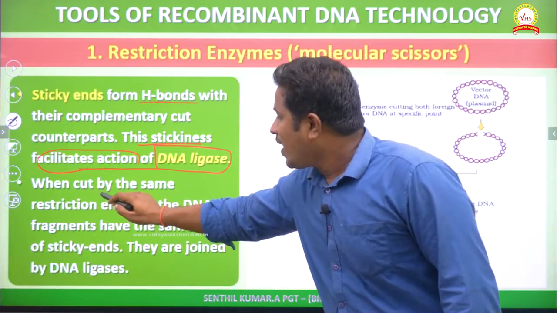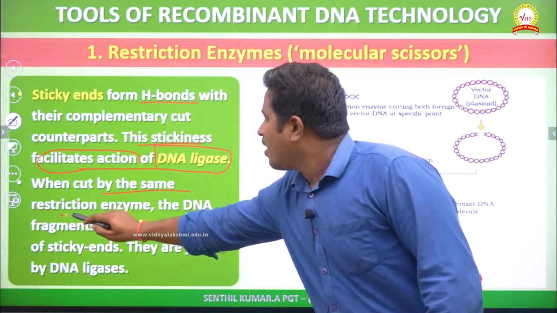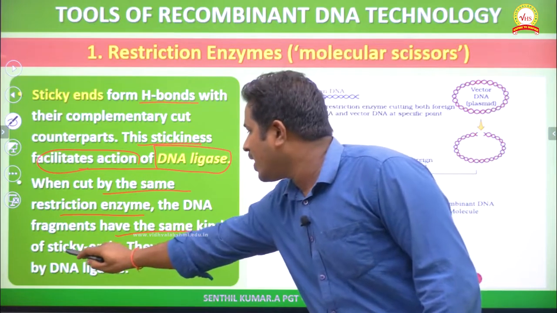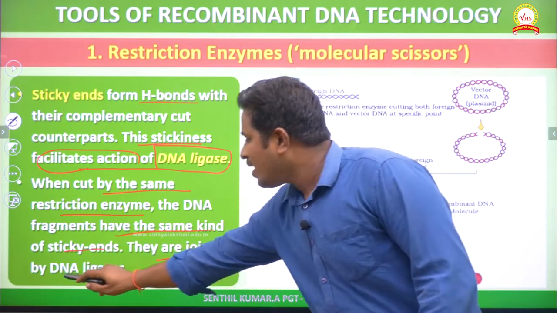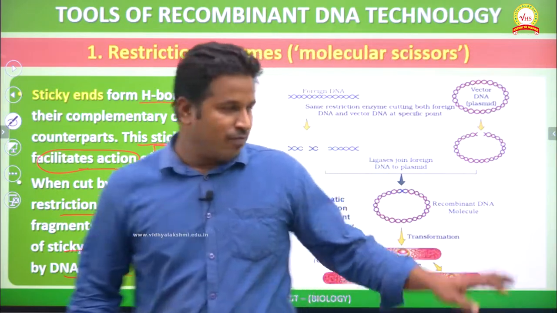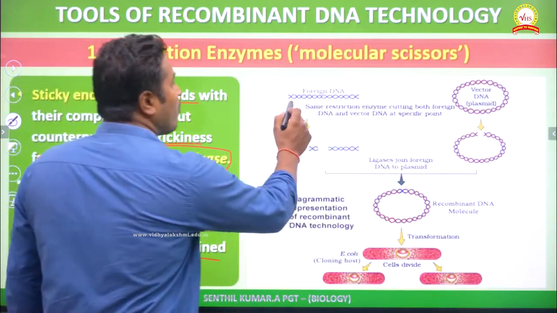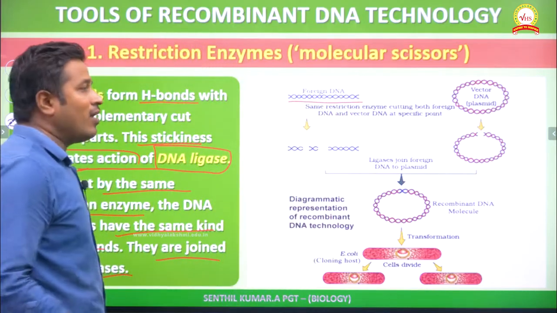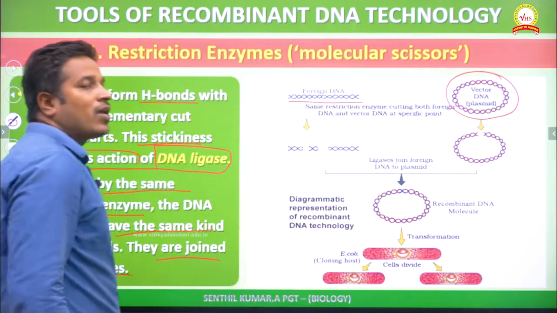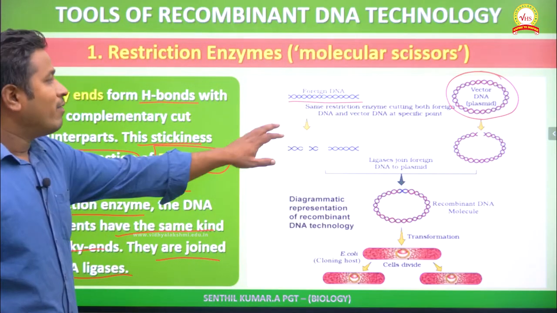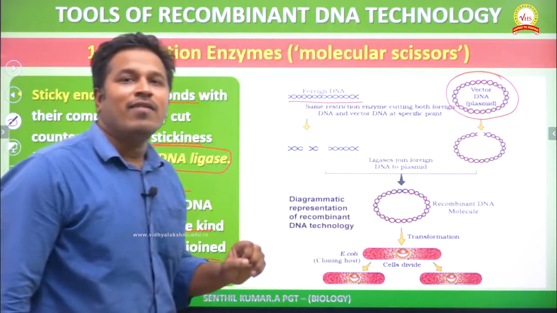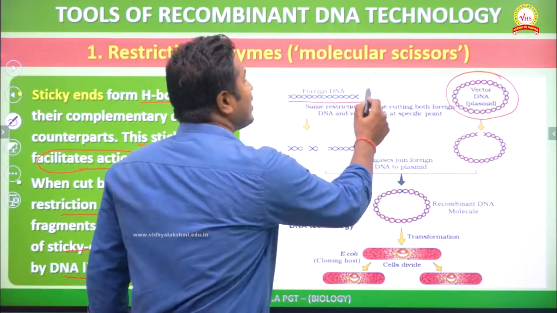When cut by the same restriction enzymes, the DNA fragments have the same kind of sticky end. They are joined by the ligase enzyme. That is the thing. In this diagram, if you take any foreign DNA and you have taken the vector DNA of the E. coli also, both the foreign DNA as well as the vector DNA, we are subjecting to the restriction endonuclease.